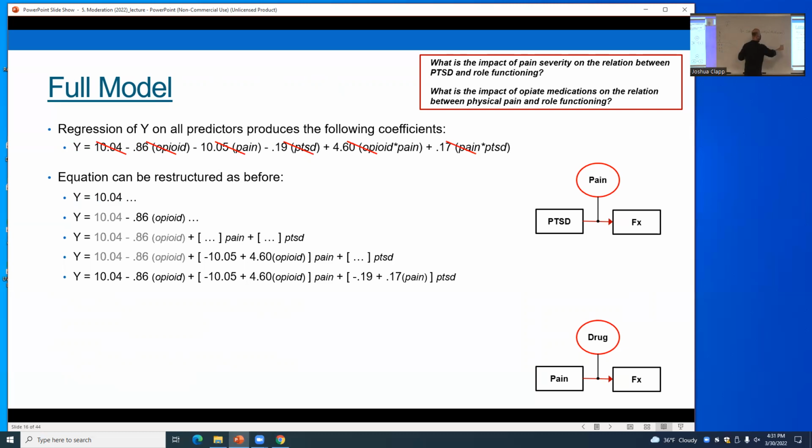Run the second one out. Give me negative 0.19 PTSD, negative 0.17 pain times PTSD. I end up back up where I started.